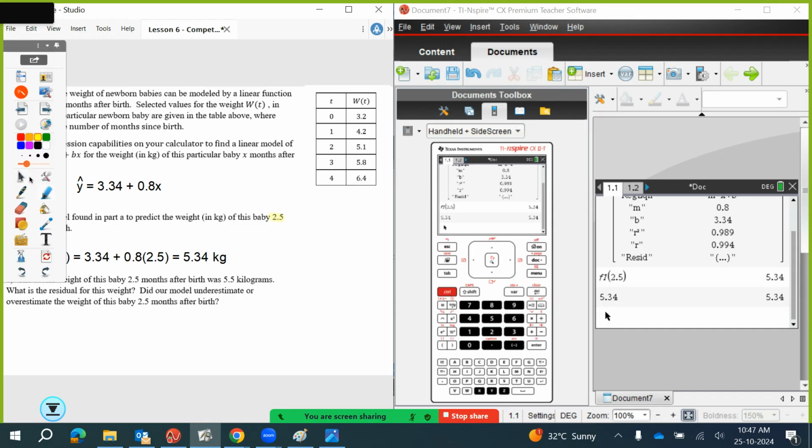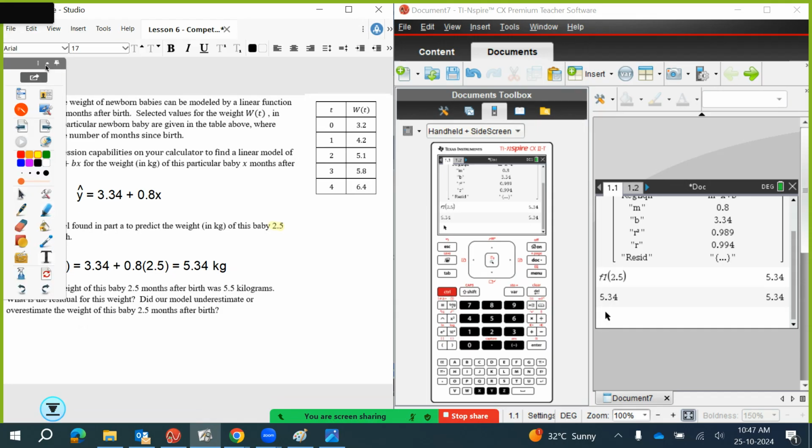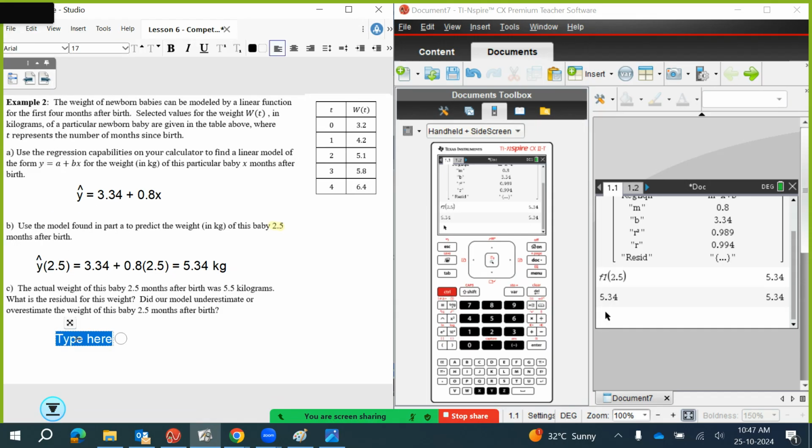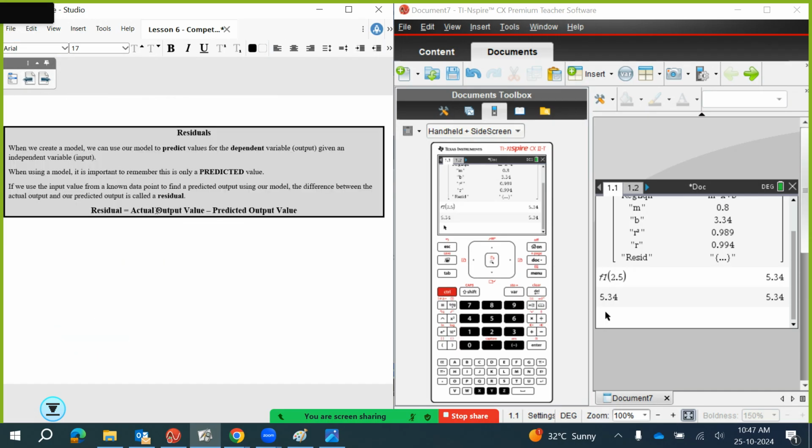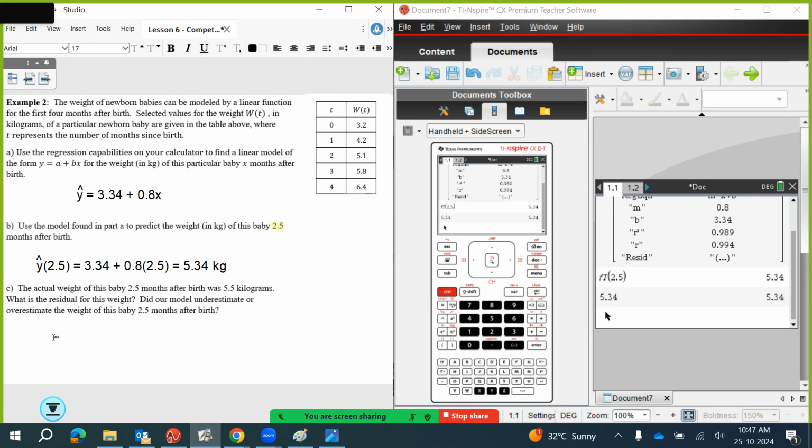In order to calculate the residual of our regression, we need the formula. If you refer back to the formula here, it's the actual output minus the predicted output. The actual output is given here. The actual weight of the baby is 5.5 kilograms.